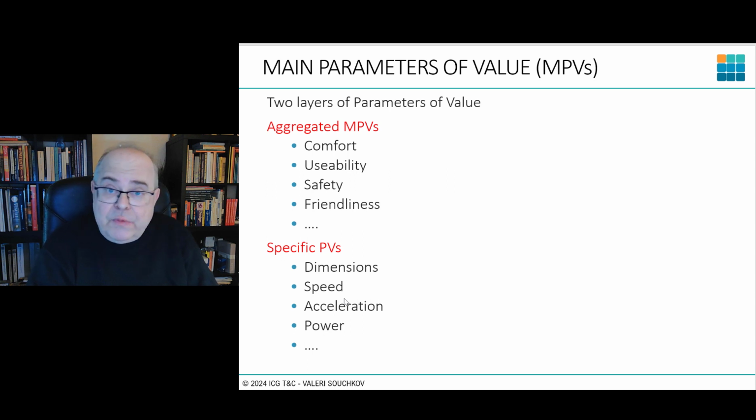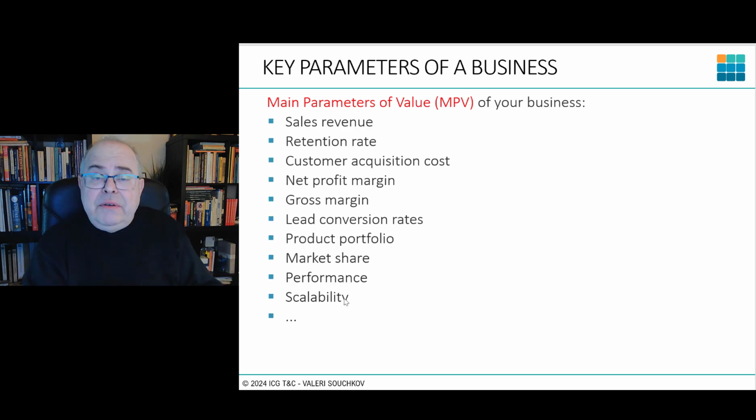But there are also universal measurable parameters of a business, such as sales revenue, retention rate, customer acquisition cost, net profit margin, gross profit margin, lead conversion rates, product portfolio, and so on.